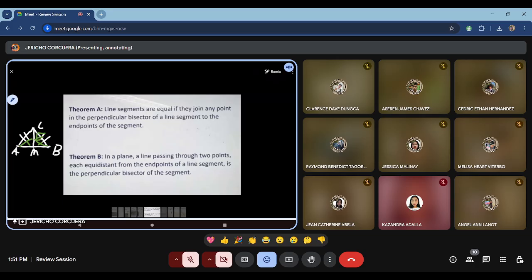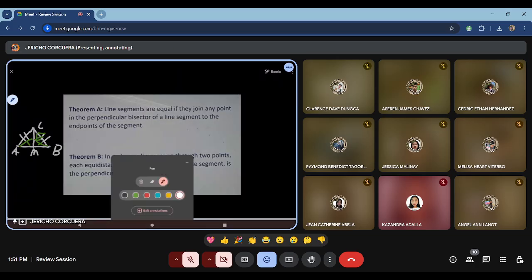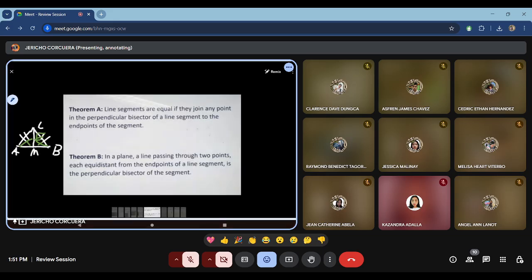Next is theorem B. In a plane, a line passing through 2 points, each equidistant from the endpoints of a line segment, is the perpendicular bisector of the segment, rather. So we are going to draw another figure for this one. Ayan, ito yung figure na. Ganyan din siya.